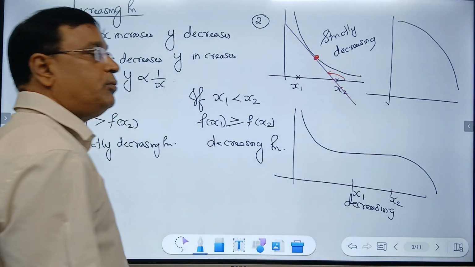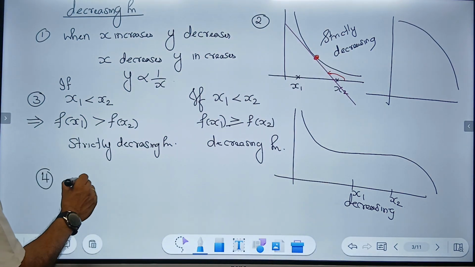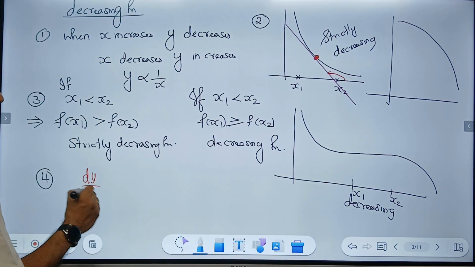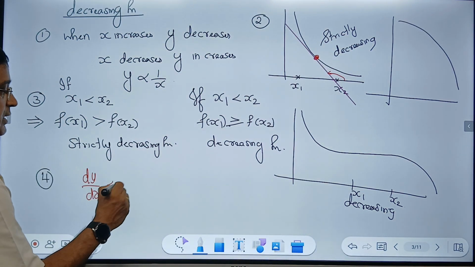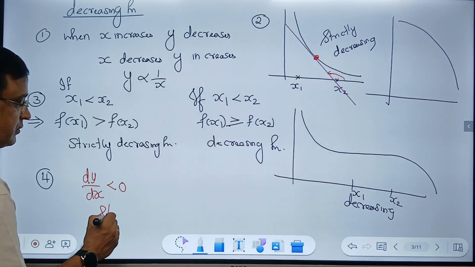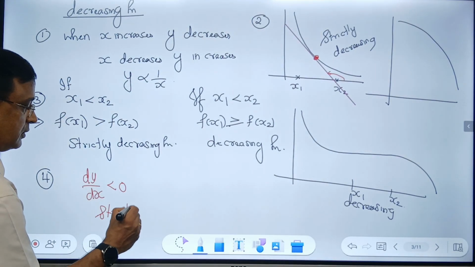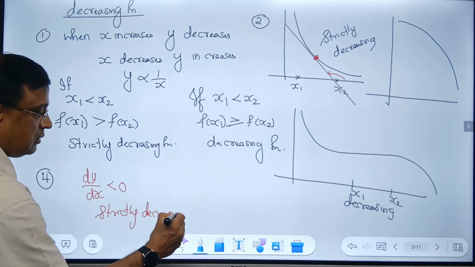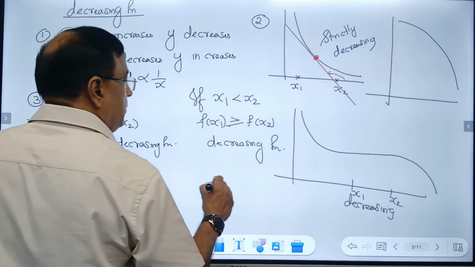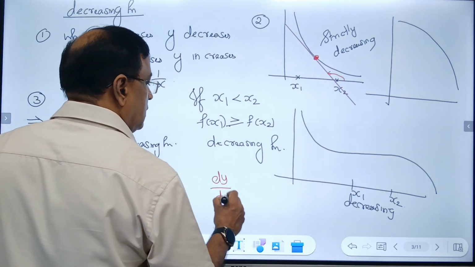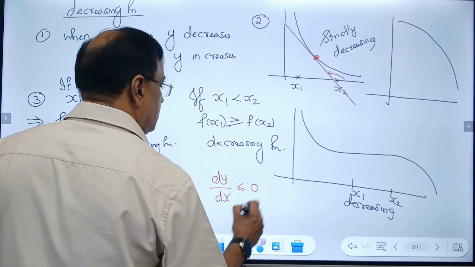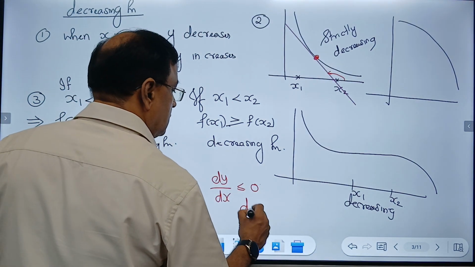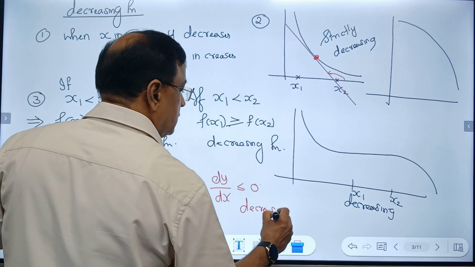Since it makes an obtuse angle, its slope, which is dy by dx, will always be less than 0 if it is strictly decreasing, or dy by dx will be less than or equal to 0 if it is decreasing.